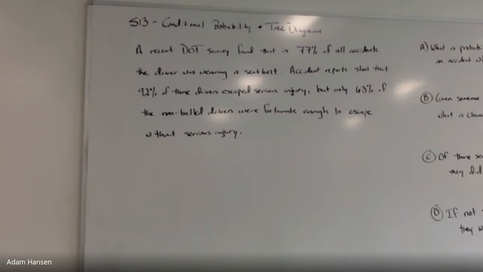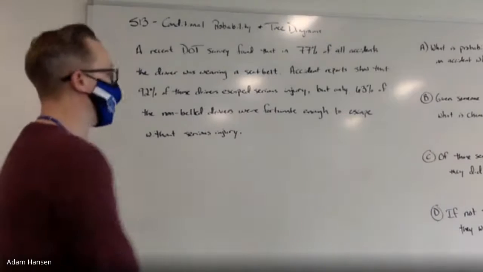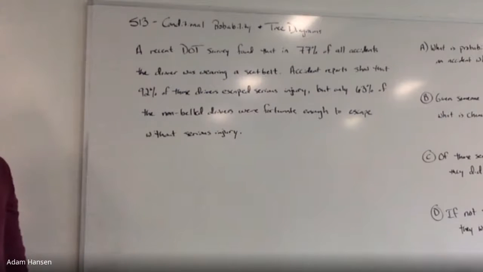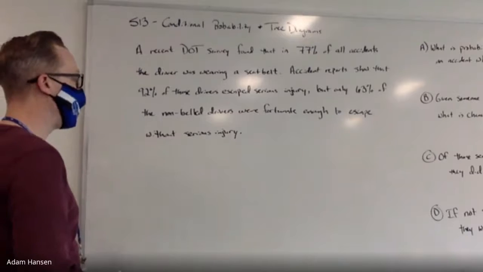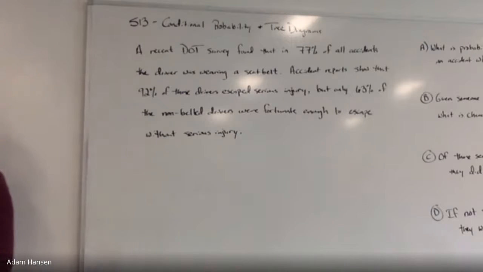Let's outline this using a tree diagram. What two events are described in that scenario? If you wear a seatbelt, and then based off of wearing a seatbelt or not, what else would we know about? What other event? Whether you were injured or not, right?